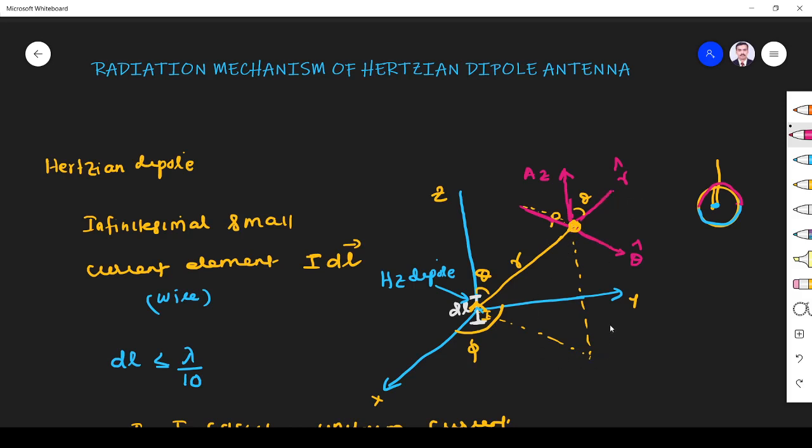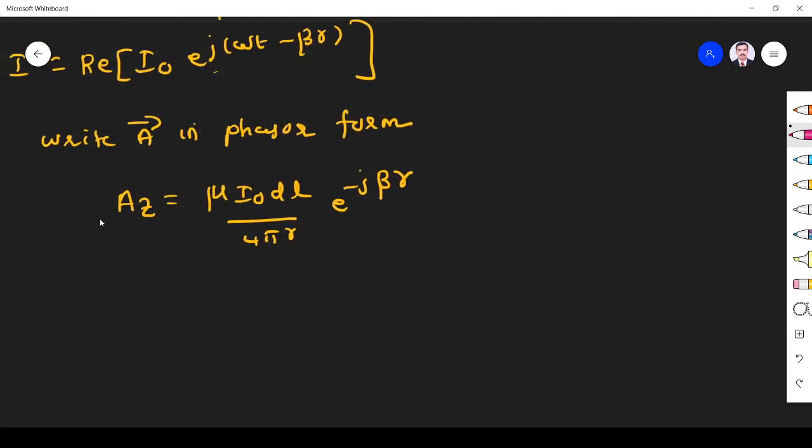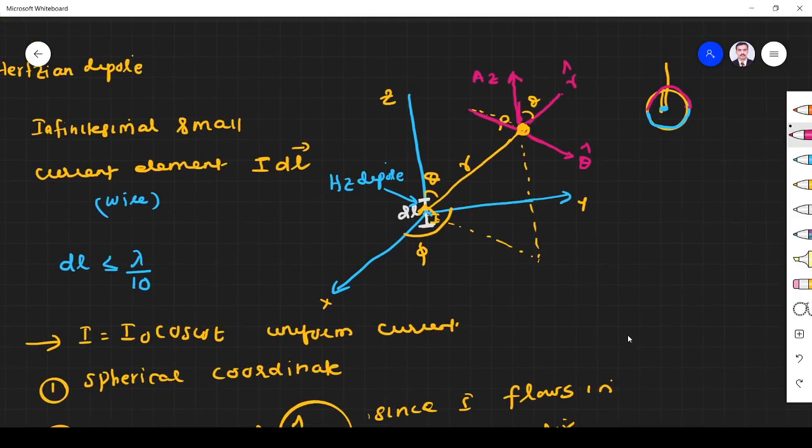There is no phi component of A, so that we must know first. So A phi will be 0. Clear? Okay.